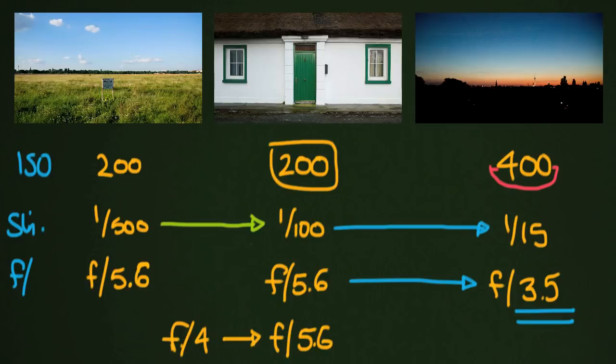You also have, for example, 1/250th of a second and 1/125th of a second. Now that is also one stop of light. So shutter speeds can be one stop of light, and f-stops can be one stop of light away from each other.